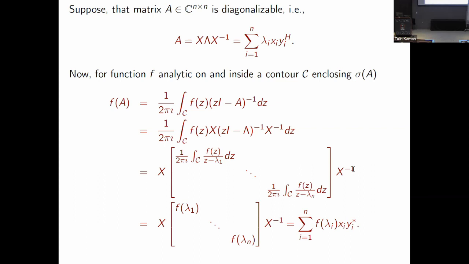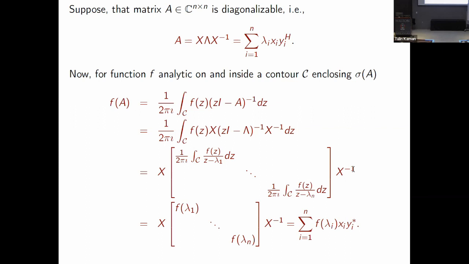Now let's look at this function f, analytic inside the contour C, where the contour encloses the spectrum of A. I evaluate f of A using the Cauchy integral interpretation, but now I know that matrix A is diagonalizable, so I can use the eigenvalue decomposition.